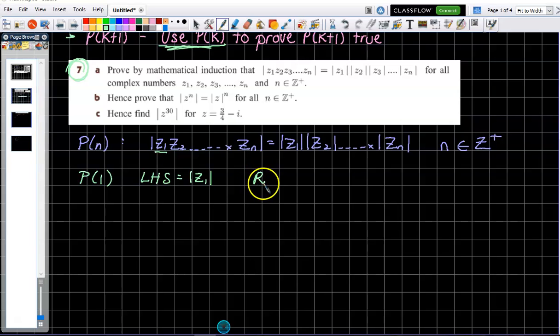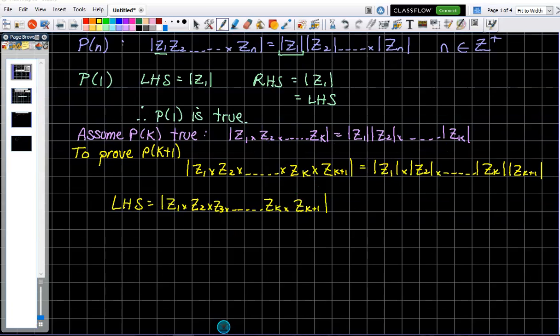And the right-hand side, that's our first term there, which is also the modulus of Z1, so it equals the left-hand side. Therefore, P of 1 is true.